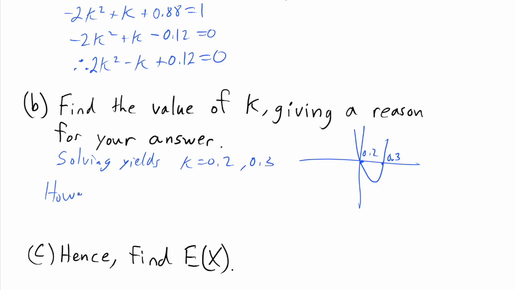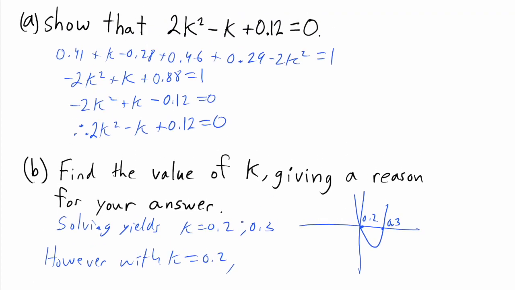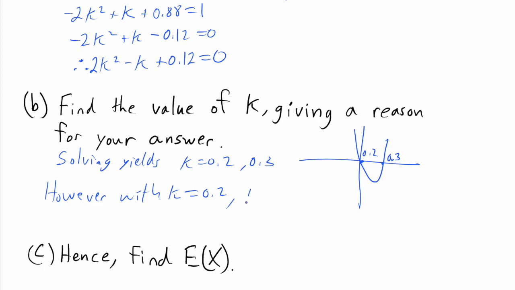However, with k equals 0.2, k minus 0.28 is less than 0, therefore k equals 0.3.